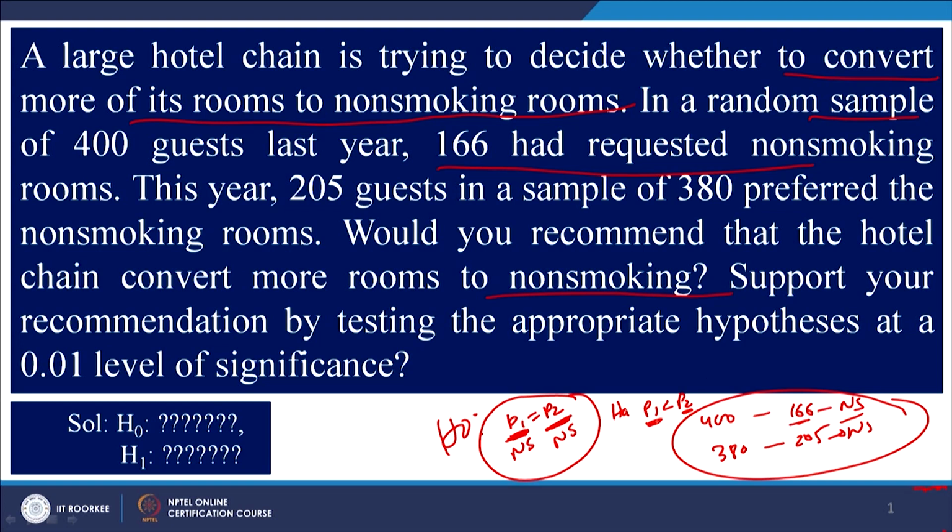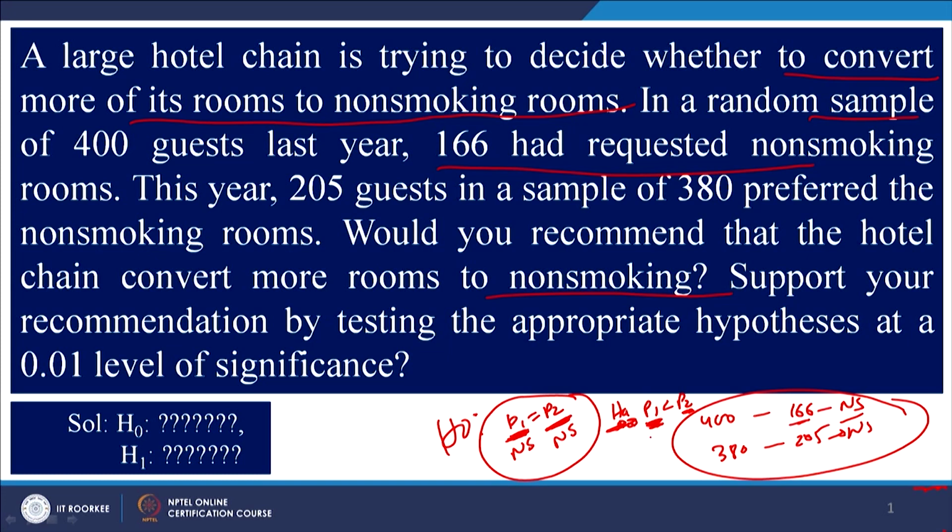If we say that the non-smokers were fewer in the previous year, and we accept this hypothesis, it means the hotel should convert its smoking rooms to non-smoking rooms. If we reject the null hypothesis and accept this one, it means the non-smokers in earlier years were fewer than this year.